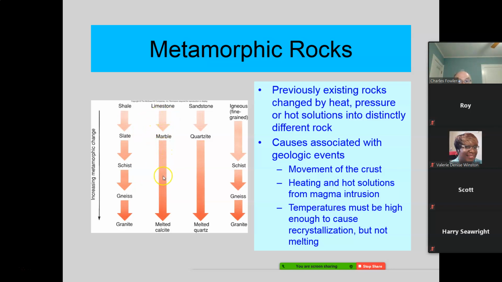But you add more pressure, more heat, you melt it, and it re-solidifies as calcite, which can be igneous rock if it came from melted calcite, or if it came out of solution, that's just a mineral, calcite mineral.